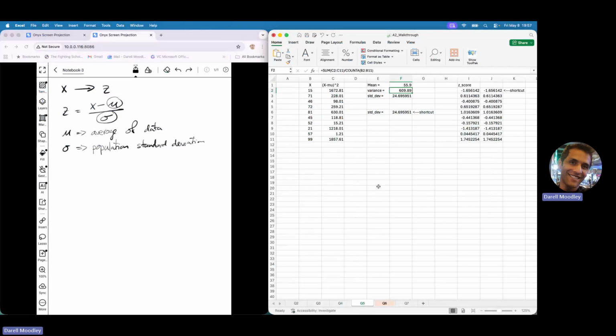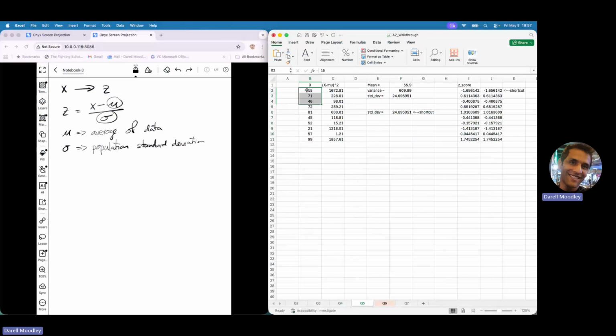To work out the average, you need a bunch of data points. So let's say I created some dummy data here. These are my x values, column B. To work out the mean, you add them all up and divide by how many numbers there are. In my case, I have 10.